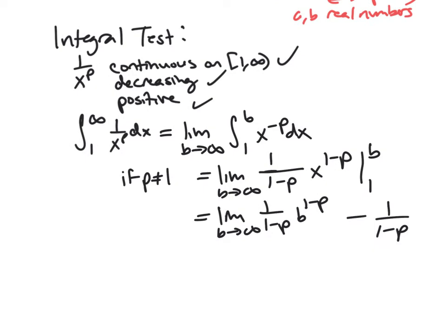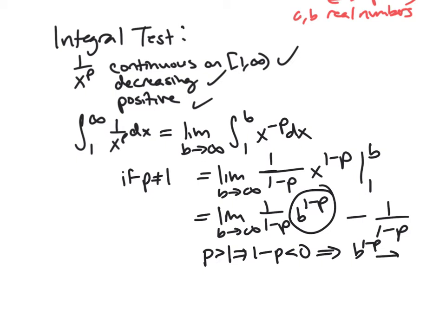And so with b going off to infinity, it's really something going off to infinity to the 1 minus p power. When is this going to go off to infinity itself? And when is this going to go to 0? That's going to depend on your value of p. So p greater than 1, then it's a negative power, so 1 minus p is less than 0, and thus b to the 1 minus p is going to go to 0 because you basically have an infinity in the denominator.